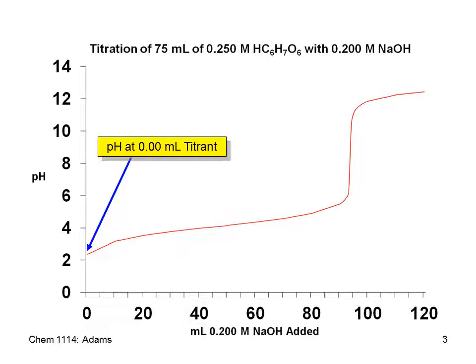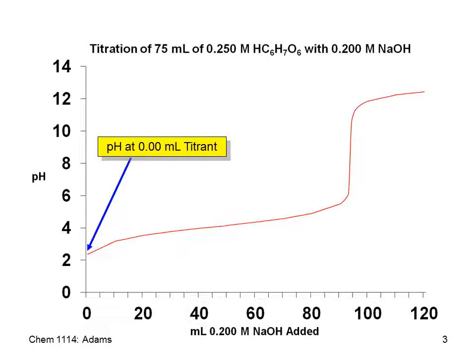The problem statement says there are 75 milliliters of 0.250 molar ascorbic acid being titrated with 0.200 molar sodium hydroxide. The Ka and the Kb of ascorbic acid are given. 1a asks what is the initial pH of the acid solution prior to starting the titration.